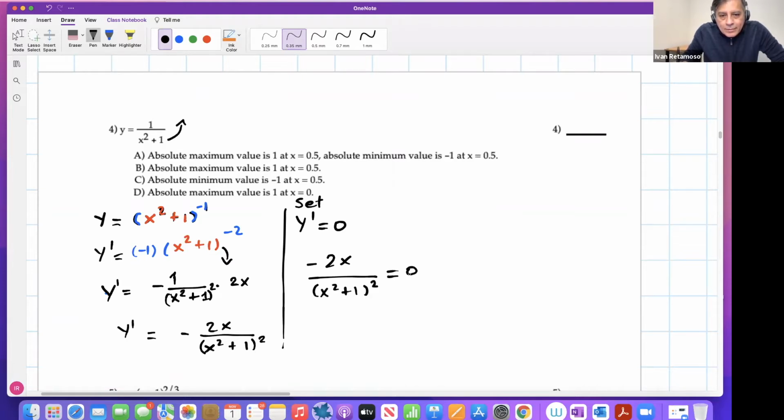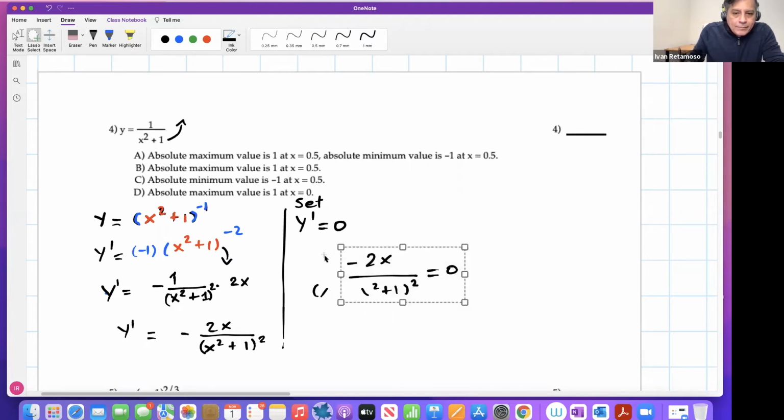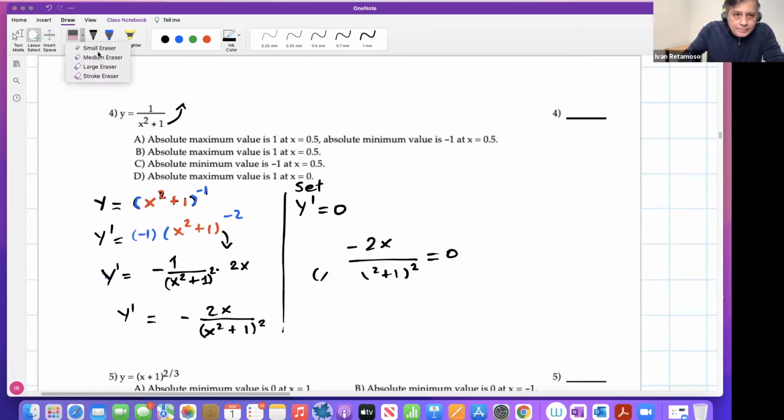Setting my derivative equal to 0, dividing both sides by -1, and multiplying both sides of the equation by this amount, which is never 0, so we are safe there, we will get the following solution. Again, let me just multiply both sides by x squared plus 1 squared.